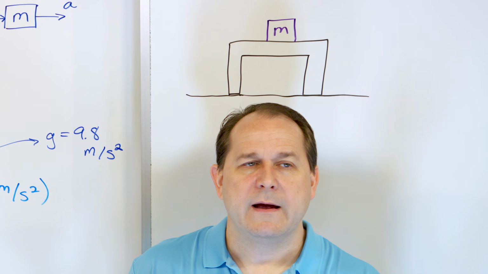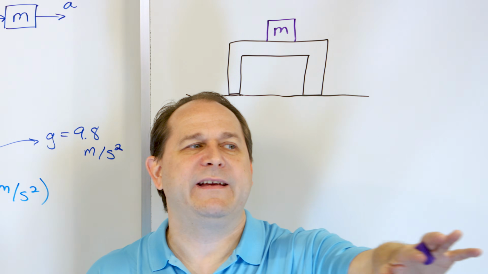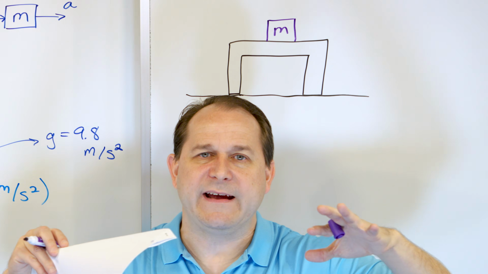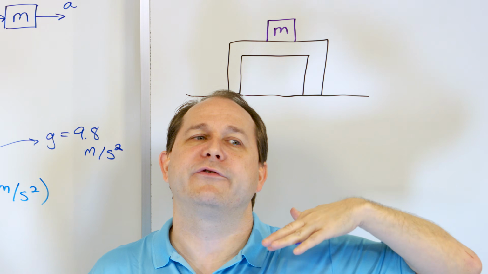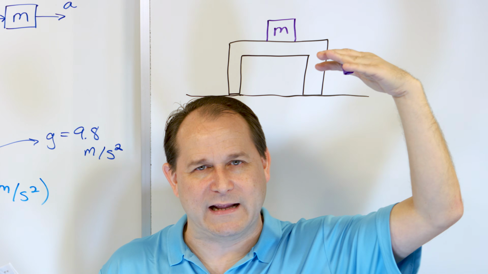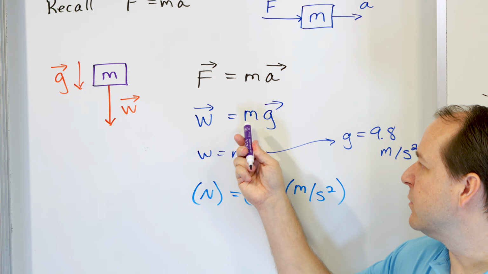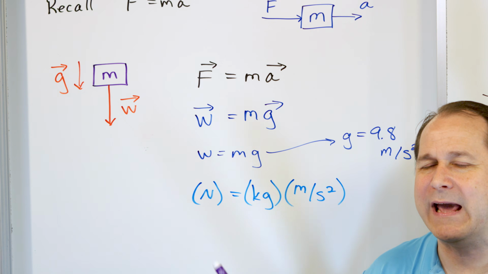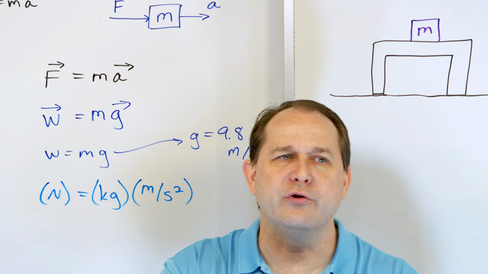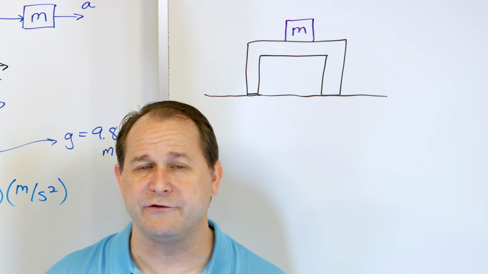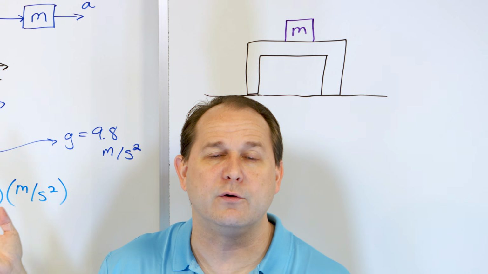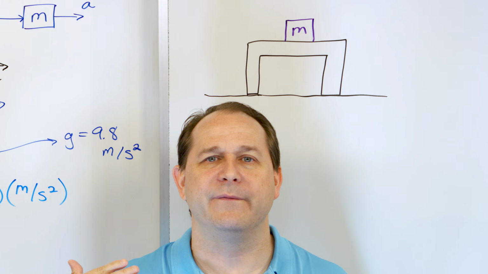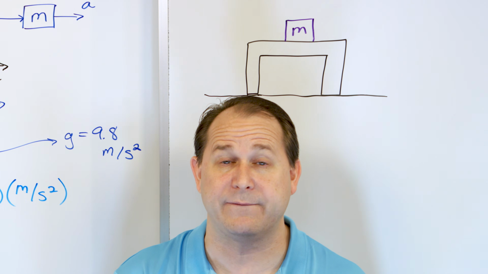Now, in general, we're considering the gravitational force in this area to be the same. But technically, as you go very high away from Earth, the gravitational force gets less and less. So notice we say weight is equal to mass times gravity. We're not taking into account altitude or anything. If you're doing something more precise like a rocket launch, where you're getting away from the Earth, we have more complex equations to deal with how the gravitational force gets weaker and weaker as you get away from the planet.